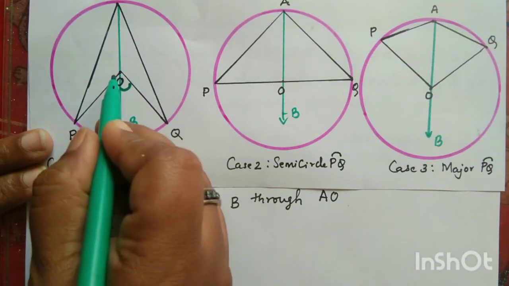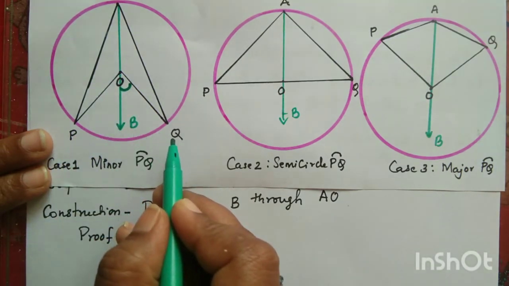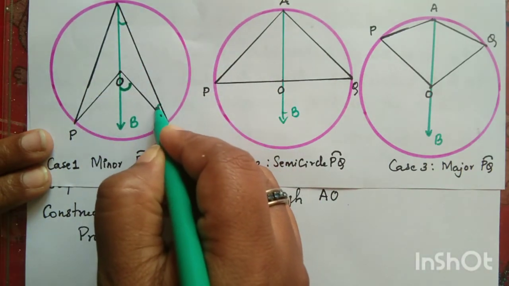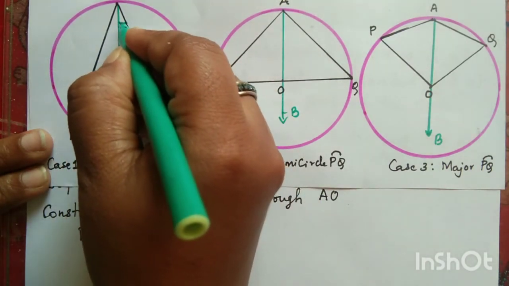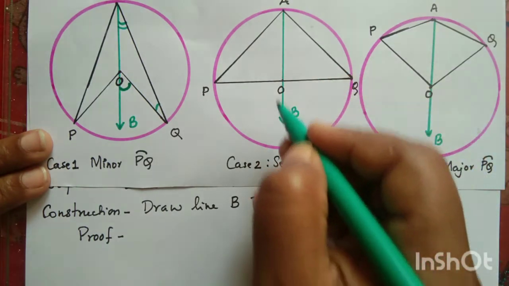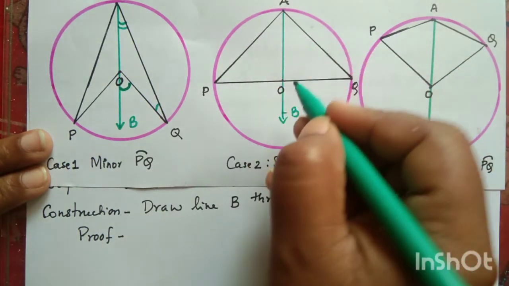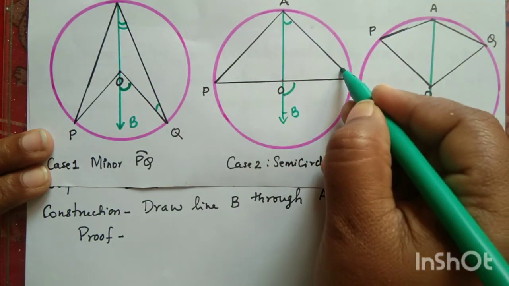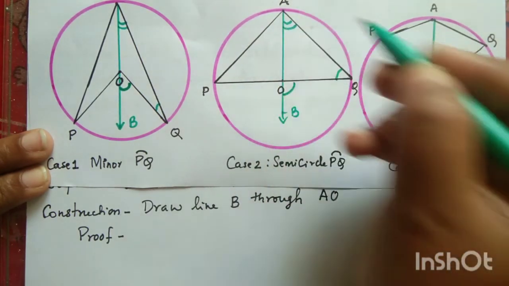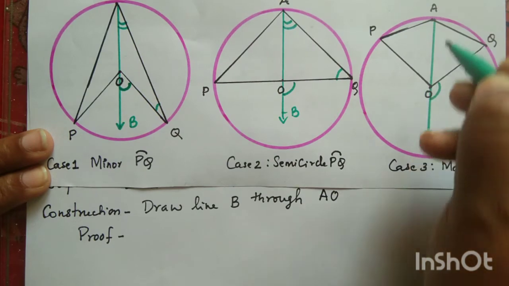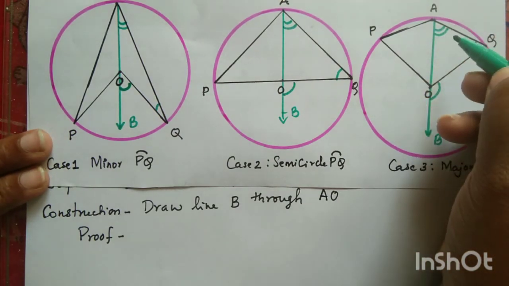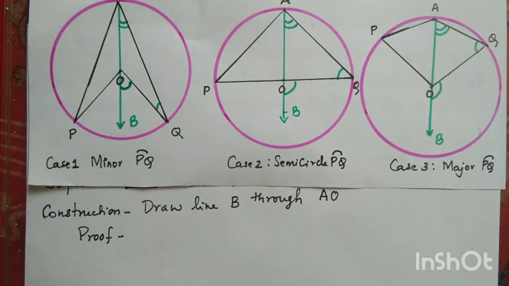This exterior angle will be equal to the sum of the interior opposite angles. So these are the interior opposite angles. This is the same for all the three cases. So we are going to use this property, and the proof is going to be the same for all the three cases.